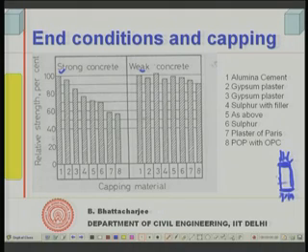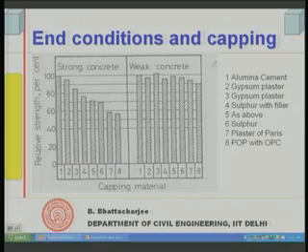So, you can say in strong concrete the variation is significant, there is large amount of variation. If alumina gives 100, then plaster of Paris with OPC gives much lower, whereas in weak concrete the effect of the capping is relatively less. We shall see why it happens as we go through the next slide.